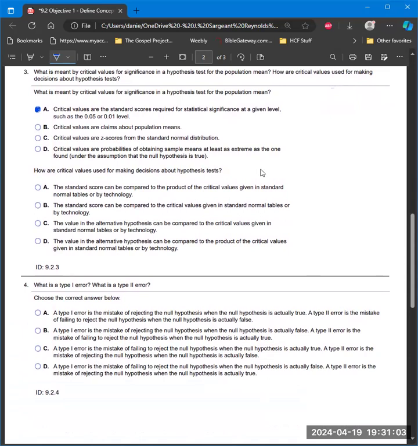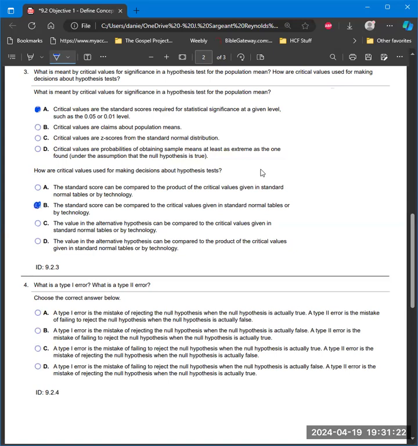How are critical values used in making decisions about hypothesis tests? They determine our rejection region. So the standard score can be compared to the critical values given the standard normal tables or by technology.